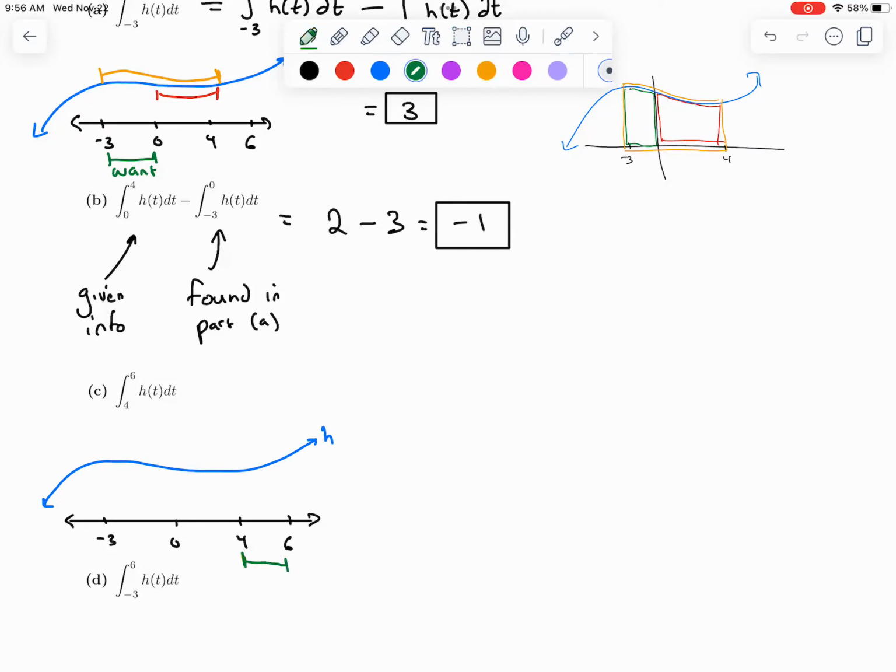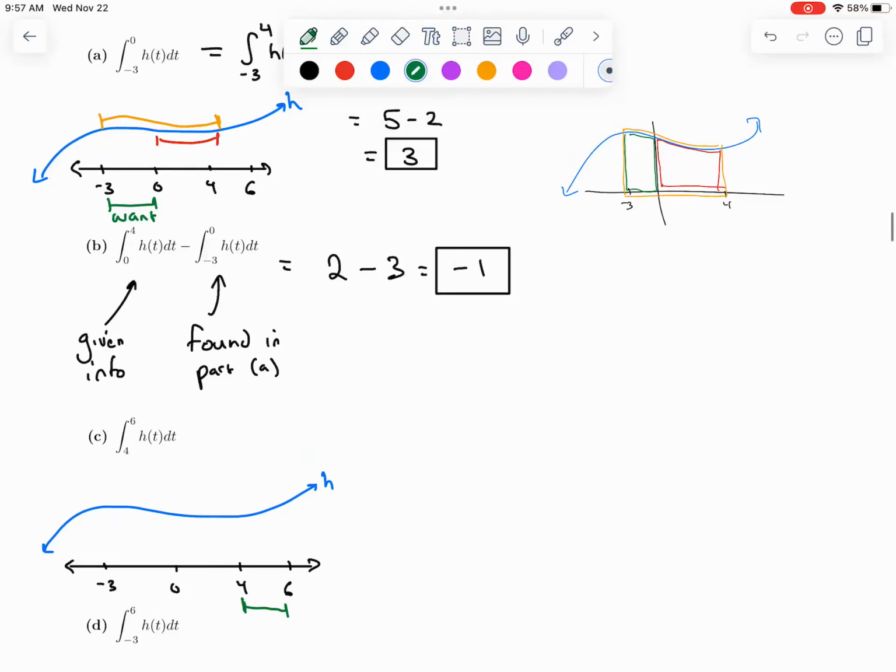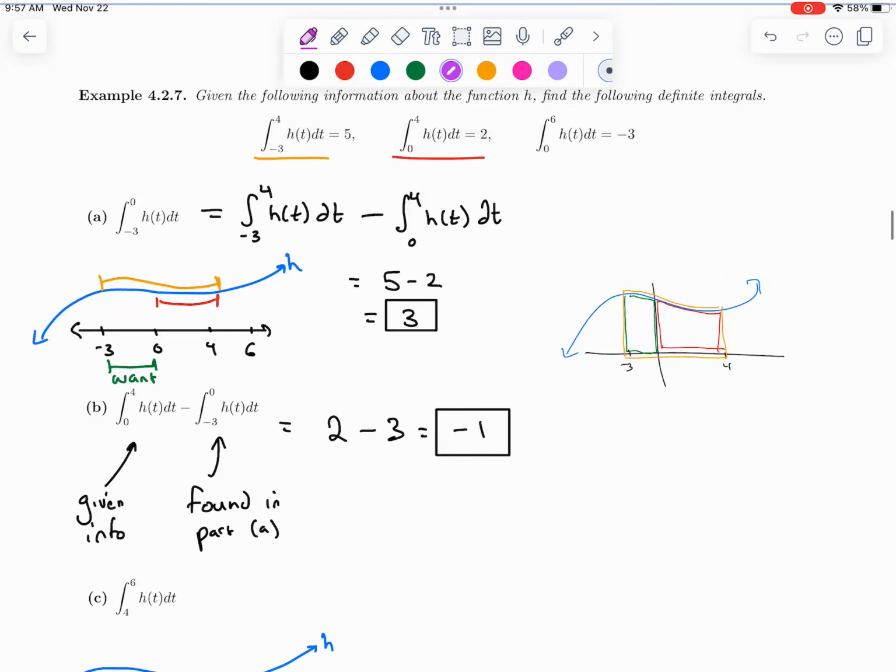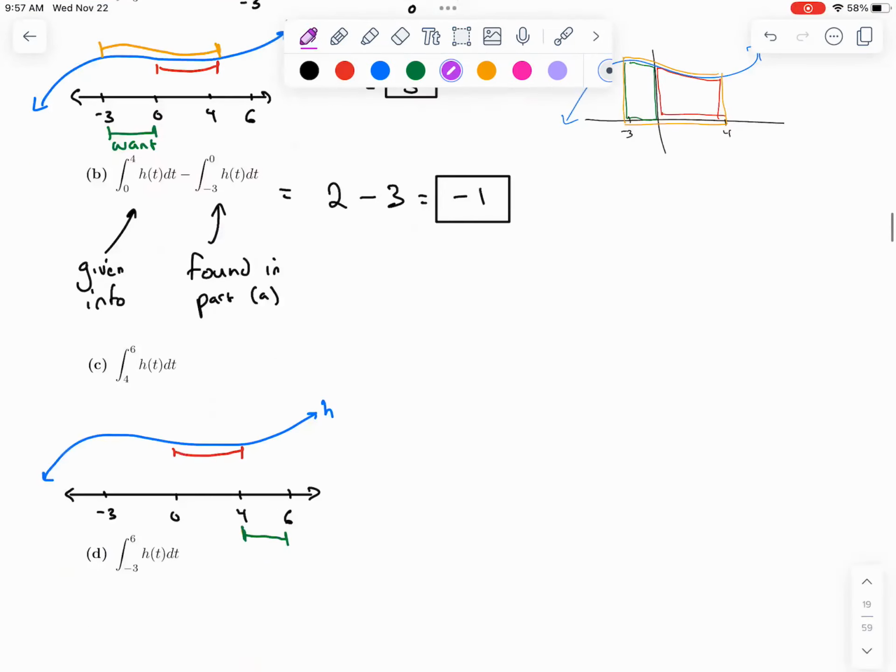The integral from -3 to 4, I don't think is going to help me very much. You could draw it, it's fine. But what I do know is the integral from 0 to 4. And I do know, and I'm going to underline in purple now, the integral from 0 to 6.